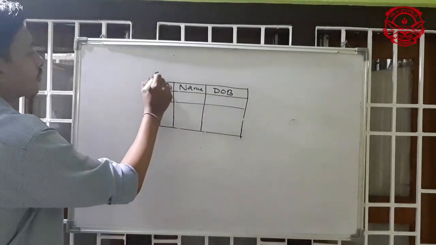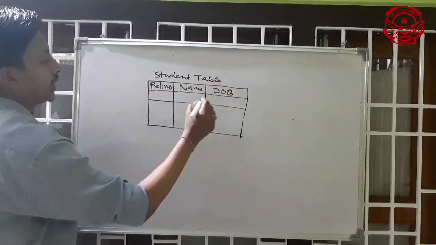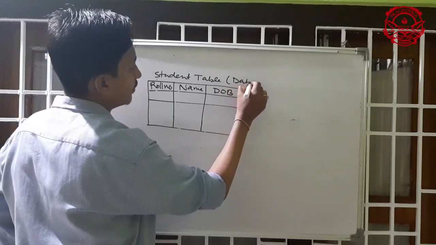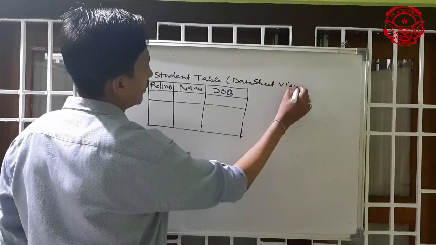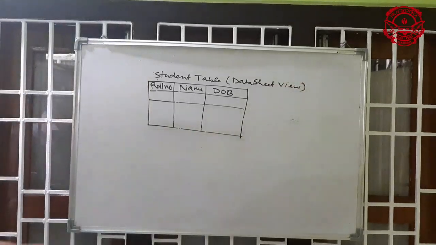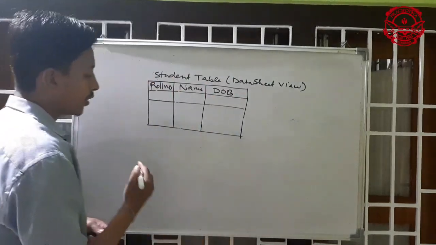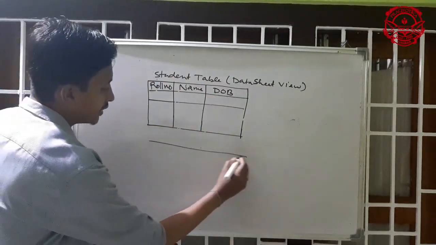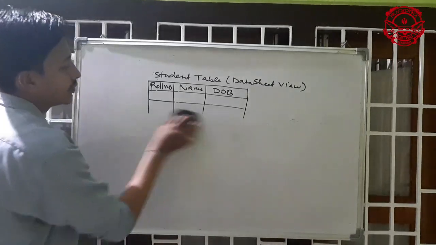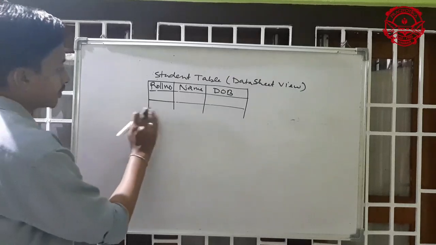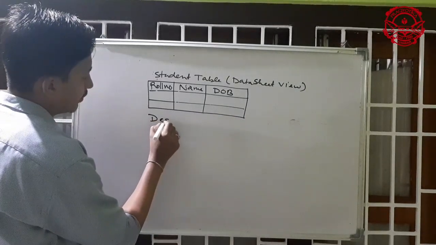Say this is a student table, in datasheet view. Now I also give the design view. Below you can see this is the design view of the student table.